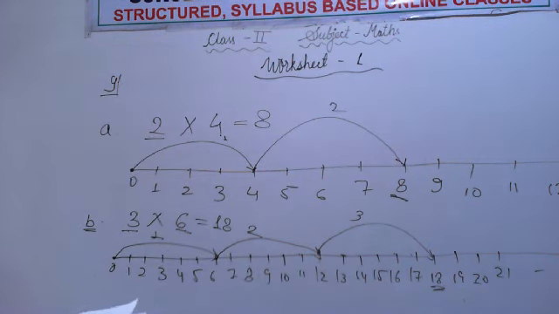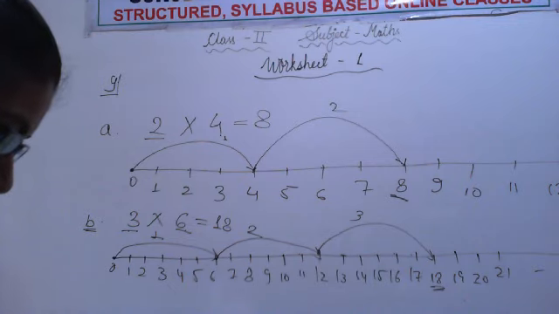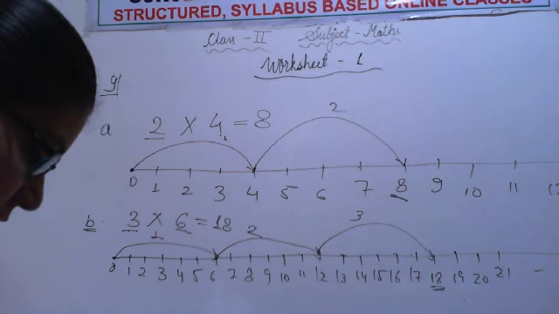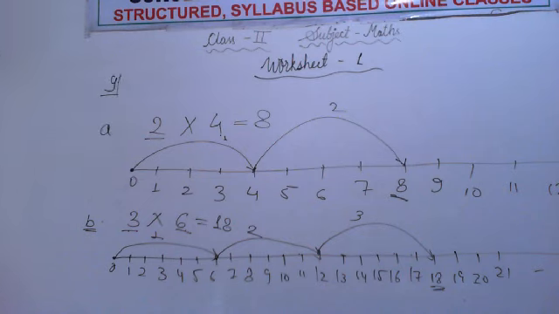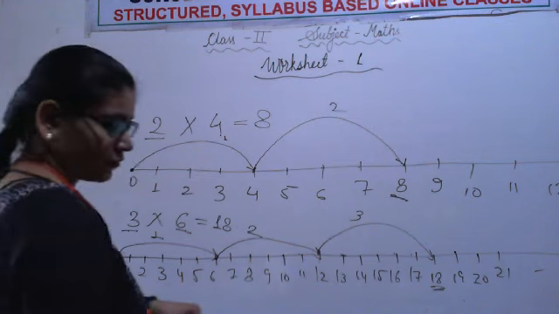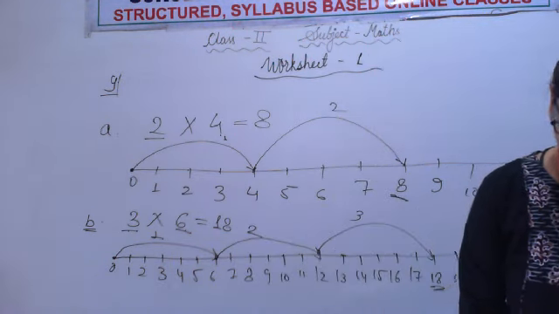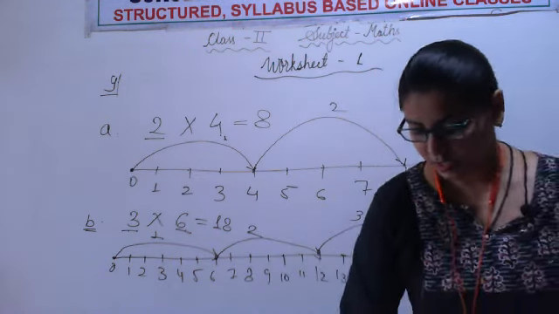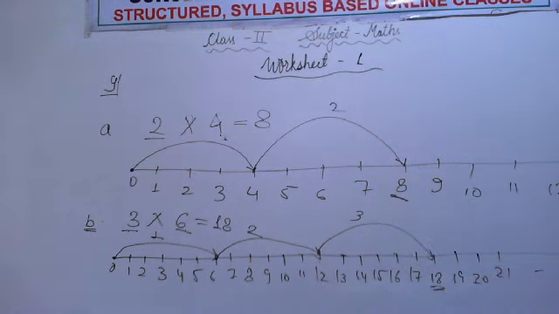So this is how we can multiply on number line.